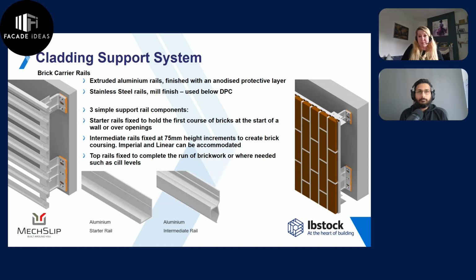But the beauty of this particular system is that it is adaptable to either shorter height bricks or indeed imperial size bricks up to around 78 millimeters. And then we finish off that run of brickwork with an end panel, or where we have sills, we have a finishing rail as well. So together these will form the panels on the elevations.